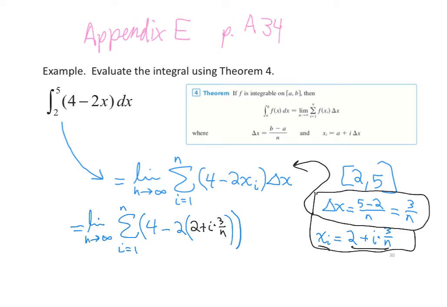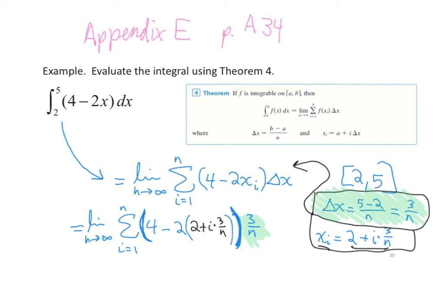So this whole thing is being multiplied by delta x. Let's do delta x in a different color. So delta x is 3 over n. So we're multiplying everything by delta x, which is 3 over n.